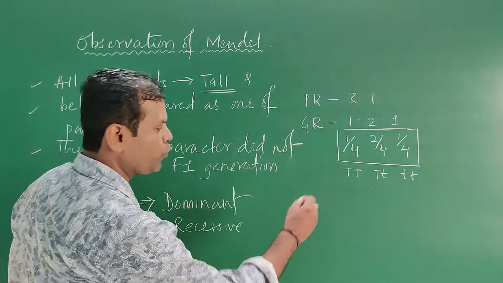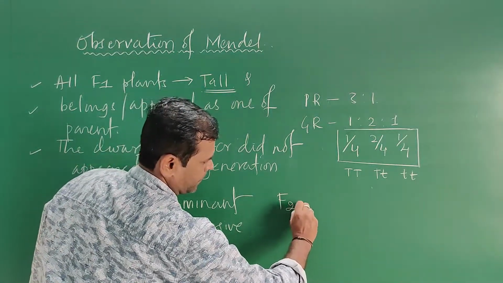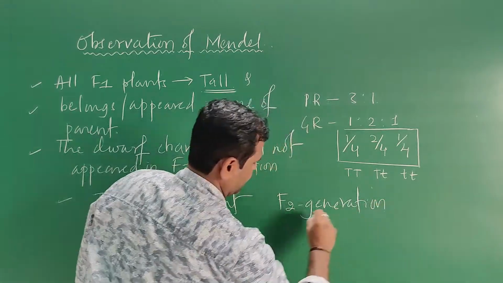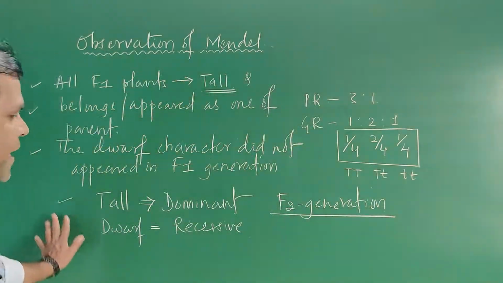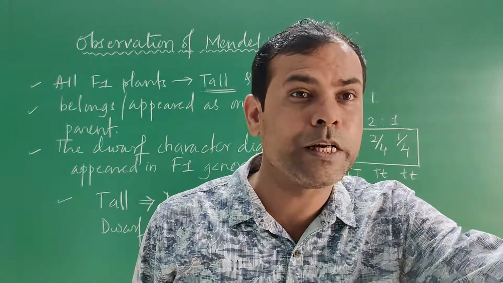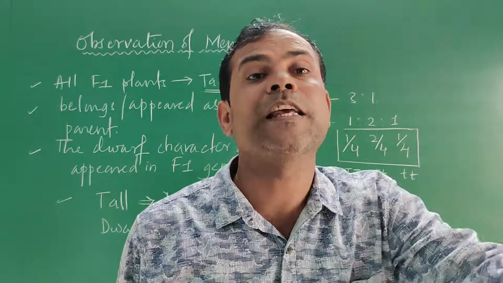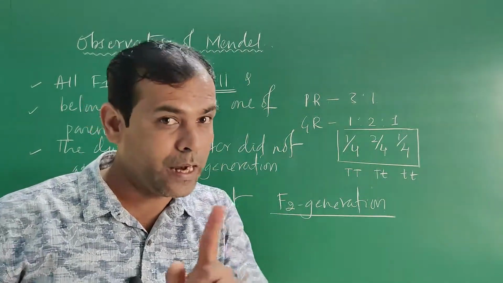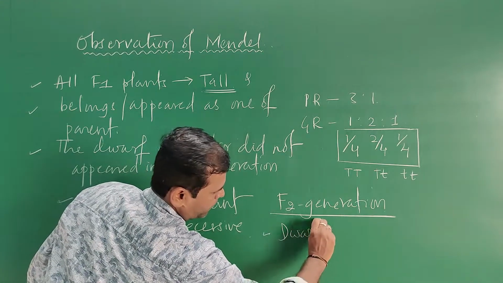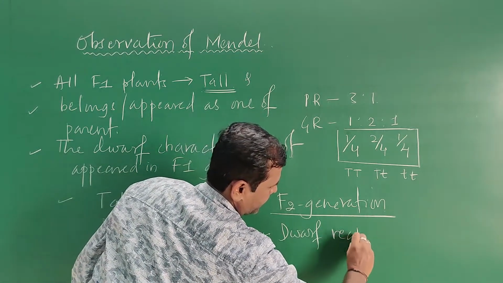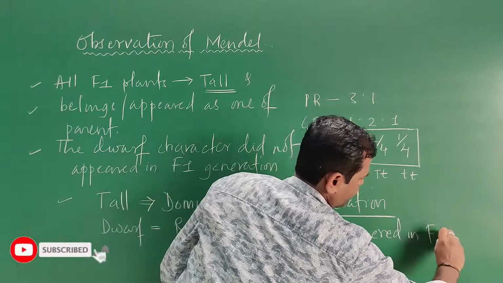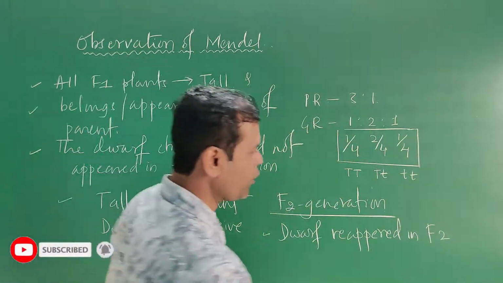Then what about F2 generation? What happens in F2 generation? So this is what happens in F1 generation. In F2 generation, the character which did not appear in F1 reappeared in F2, that is dwarf. So I can say dwarf reappeared in F2 generation. Am I right or wrong?